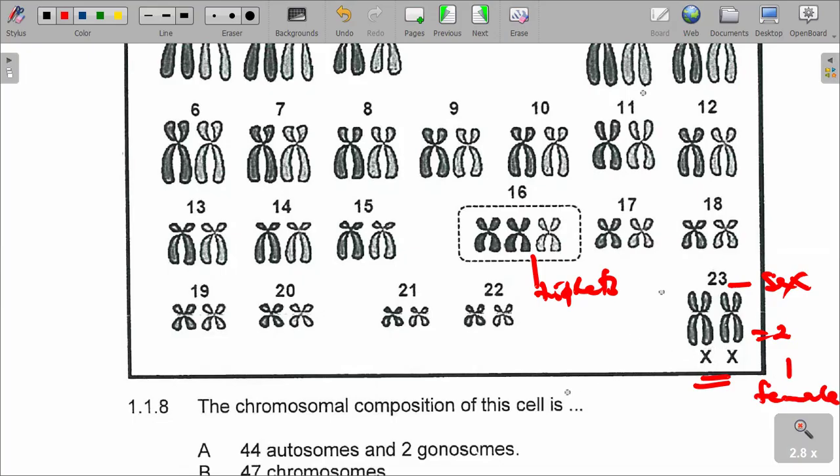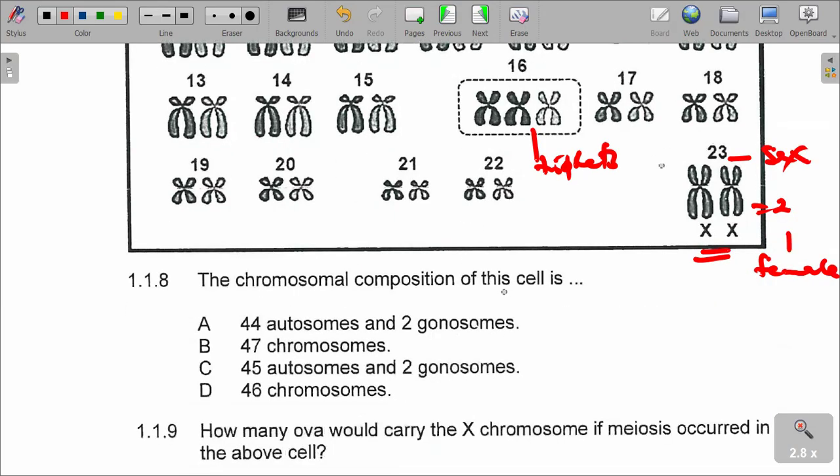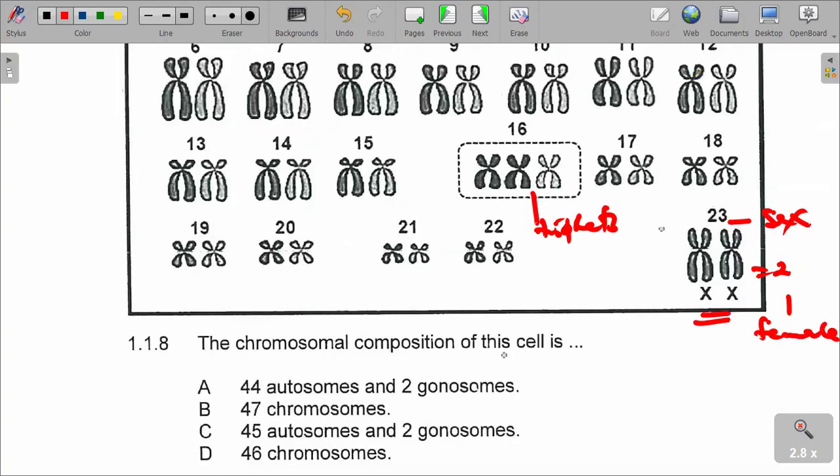So now, what does the question want us to look at? The question is saying the chromosomal composition in this cell is dash. How many chromosomes do we have? We are saying a normal human cell has got 46, where all of them are double, but in this case, we have got chromosome 16, which is having a triplet.